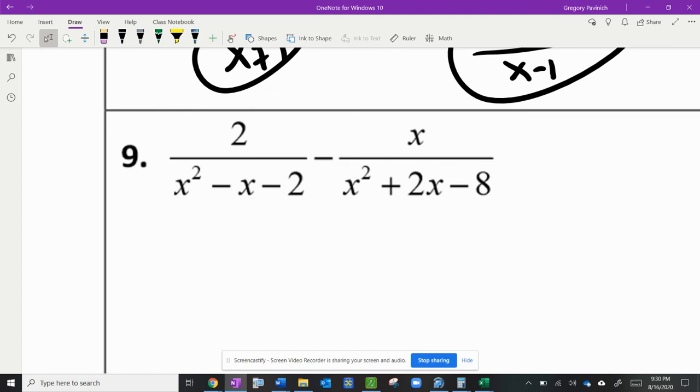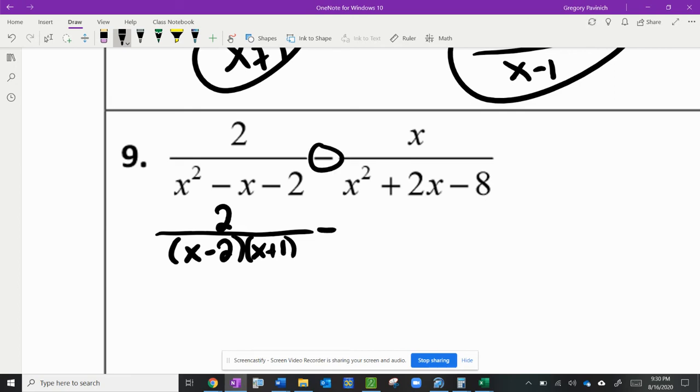All right. So these get more complicated the more factors you have. So x minus, what is this? x minus 2, x plus 1. And then notice this subtraction sign that always messes students up. When I multiply this through after I get the common denominator, it's going to be a negative x if it gets distributed. x plus 4, x minus 2.